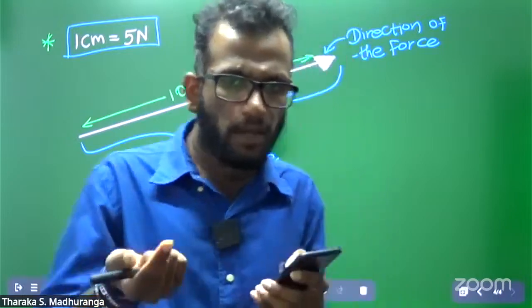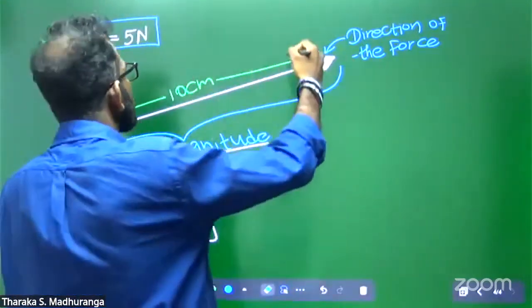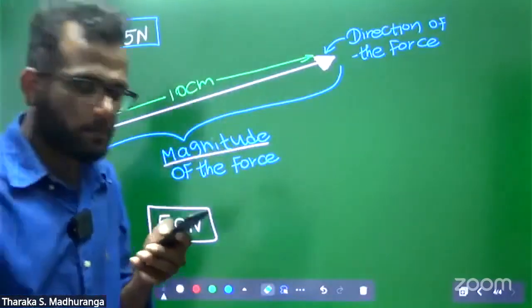A 6 centimeter arrow represents a 30 newton force.